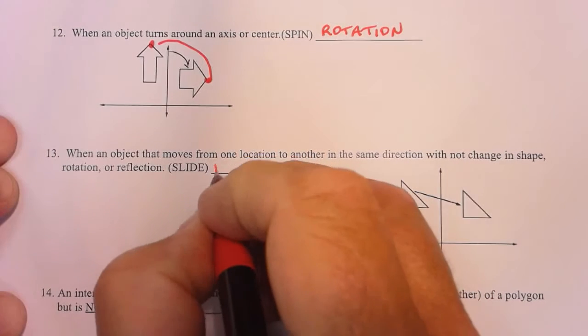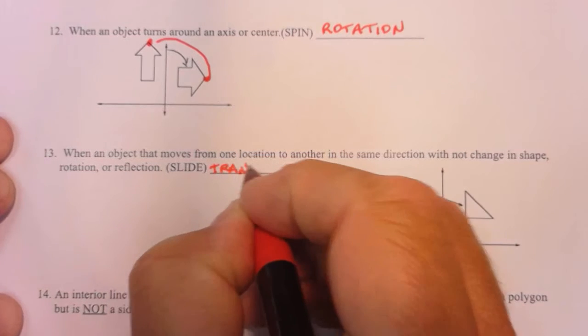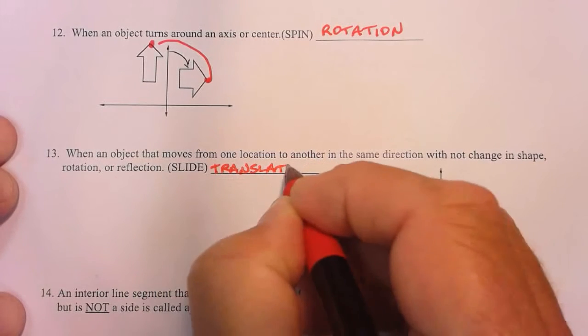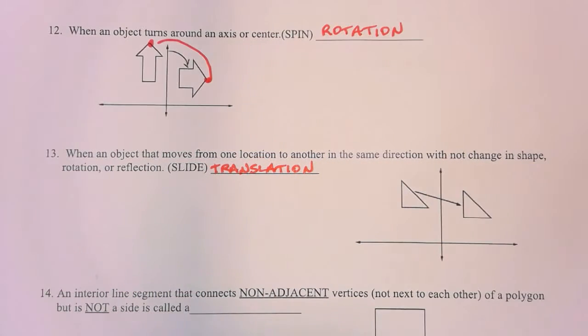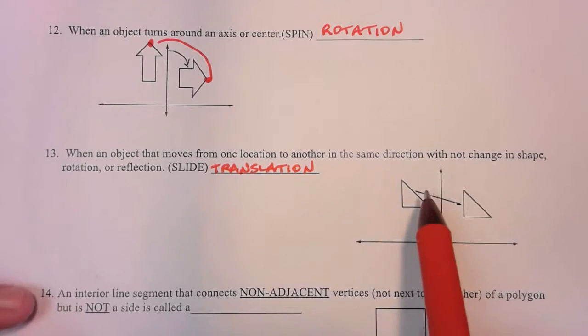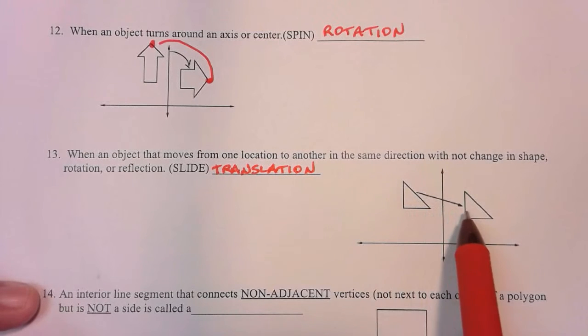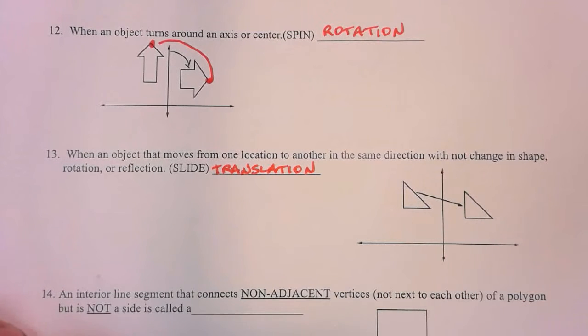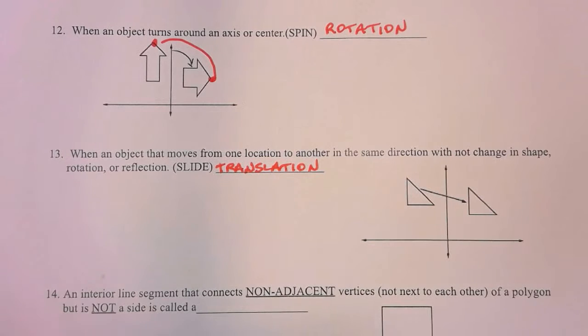This is something in math called a translation. So if something has translated, it just slid along an axis. So you've moved this shape across that axis to that location. And so it didn't rotate and it didn't flip. It's like you pushing a little matchbox car. That's what a translation is.